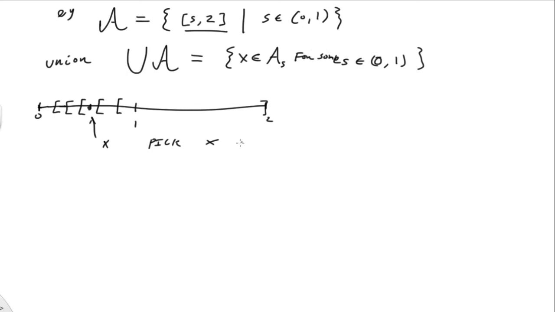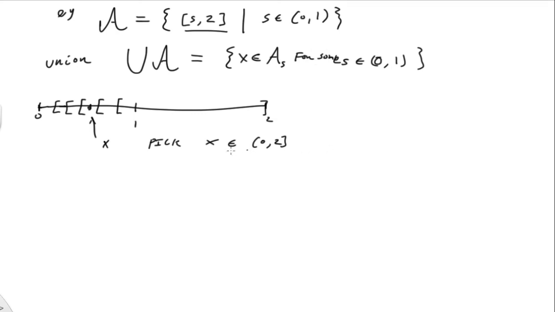x anywhere from 0 to 2, and can I find a set that, oops, I'm being a little imprecise here. I'm going to pick an x in the range 0 all the way up to 2.